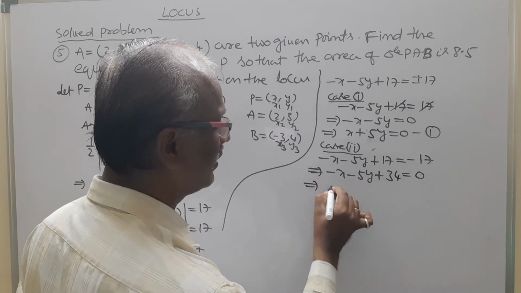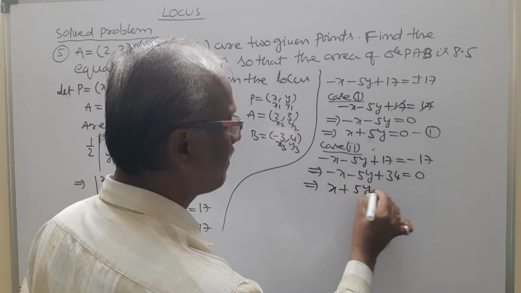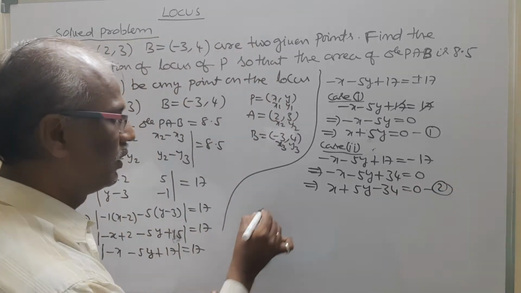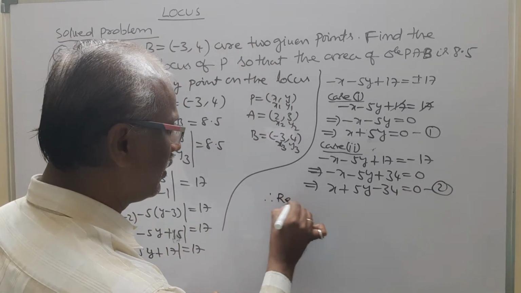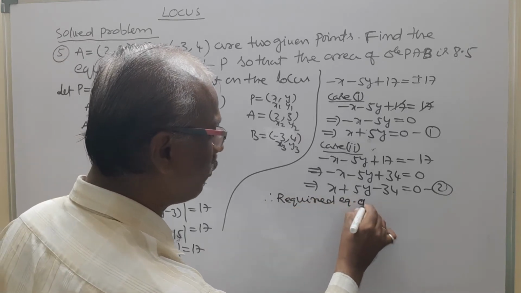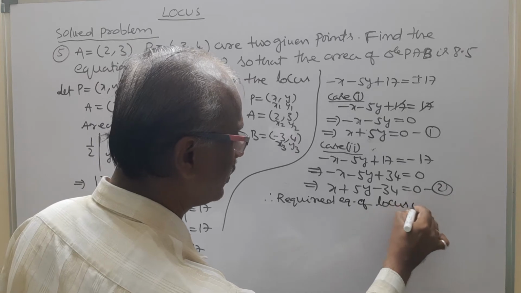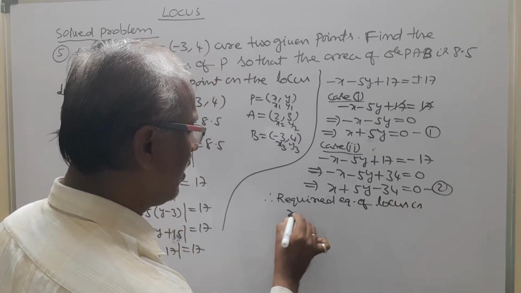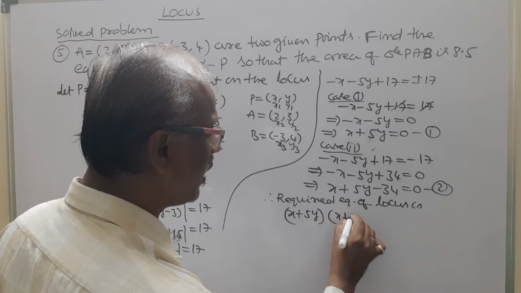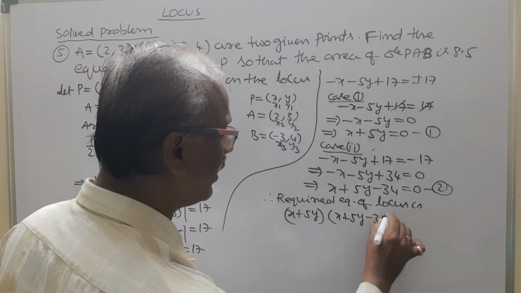Multiply with minus: x plus 5y minus 34 equal to 0. Therefore, the required equation of locus is (x plus 5y)(x plus 5y minus 34) equal to 0.